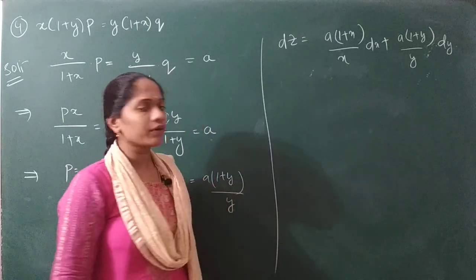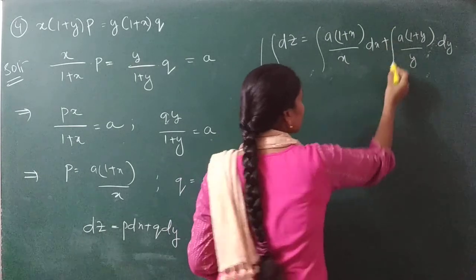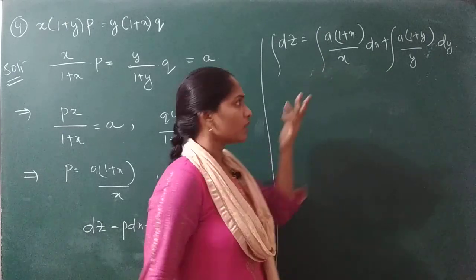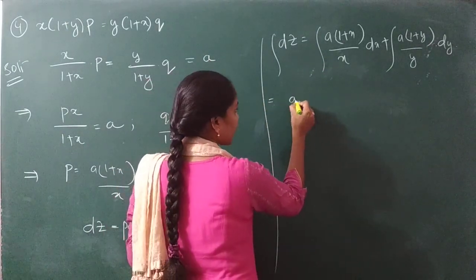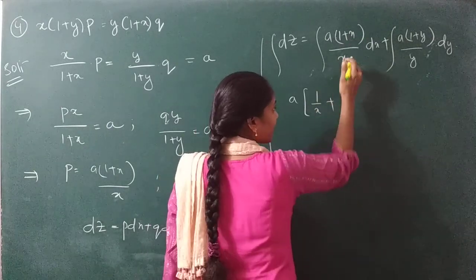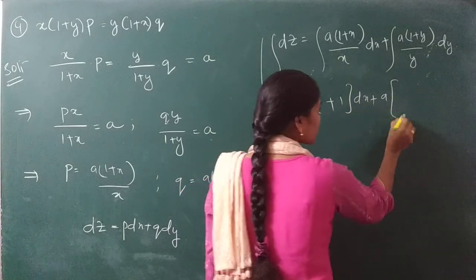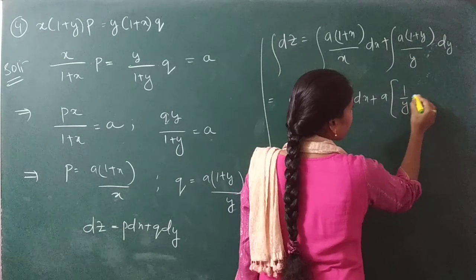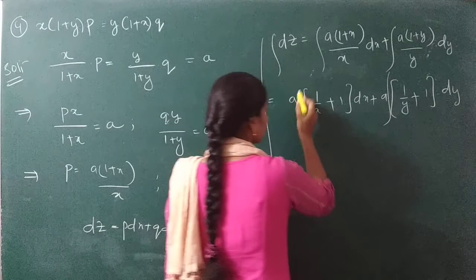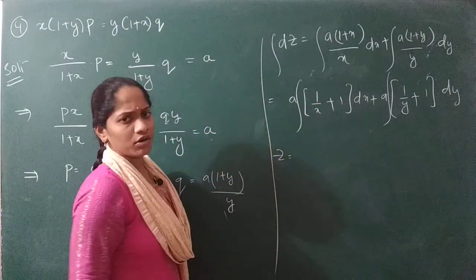So next, what you have to do? You have to integrate each and every term. So if you take the integration, what happened here? a is the constant, 1 by x, x by x is 1, and which is dx. If you take a as a constant, 1 by y plus y by y is 1 into dy. Let's take this is integration, this is the integration. So here z, you can take overall the constant a also.